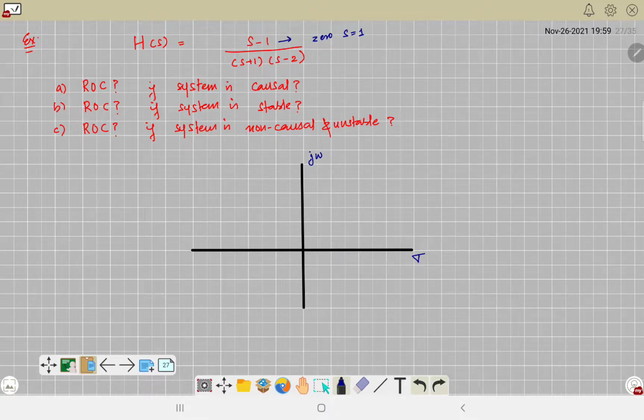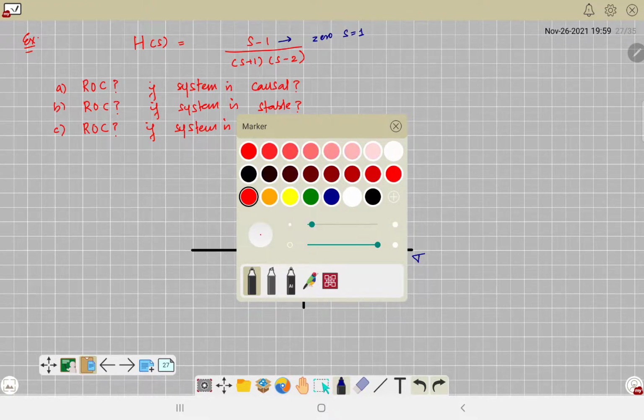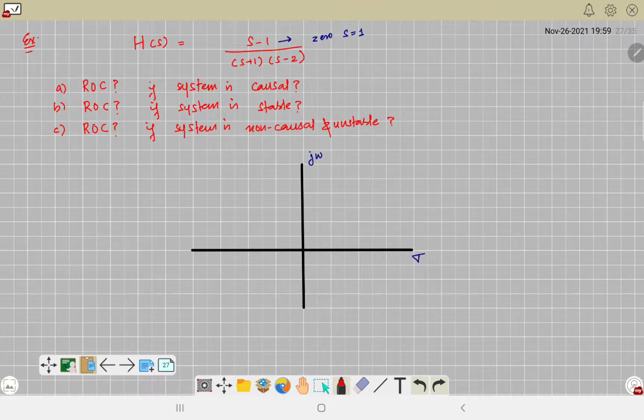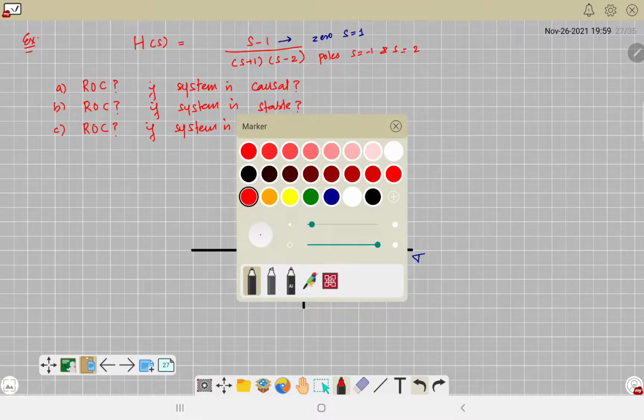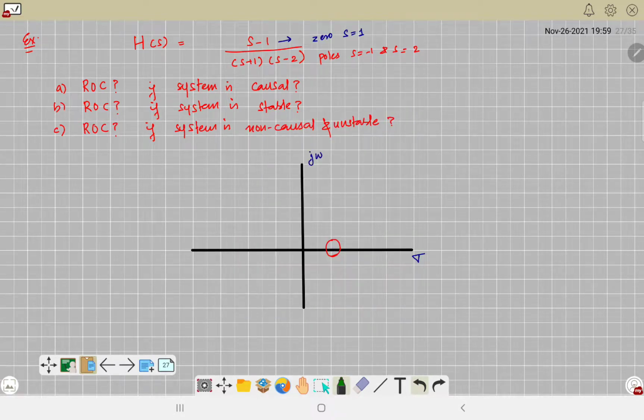Just to distinguish it, this is the zero. And I have poles at s equal to -1 and s equal to 2. So I have a pole here at 2 and at -1.